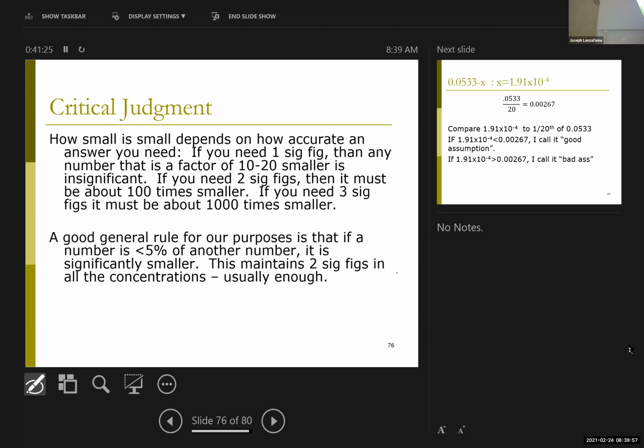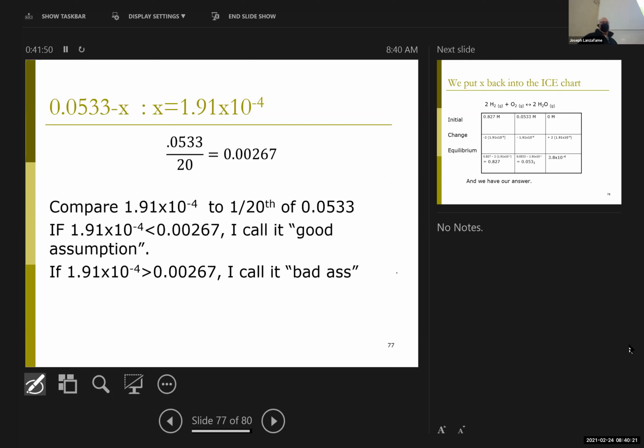If I assume X is small and the X I get is less than 5% of the number I was comparing it to, right, 1/20th, I take it to be a good assumption. If it's more than 5%, I do not. It's really the 2 sig fig rule. But if you want an actual mathematical way to justify the assumption, that's it.